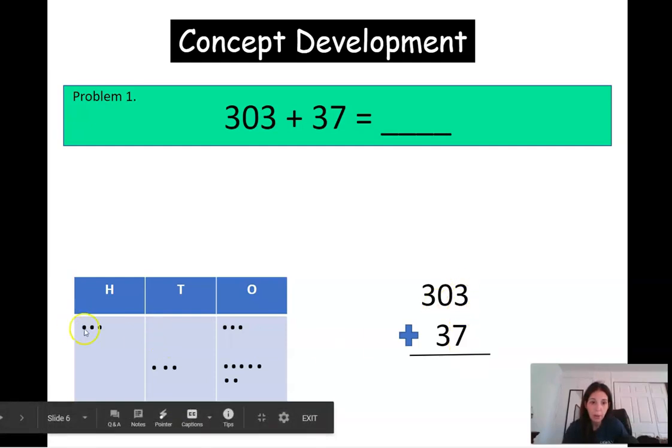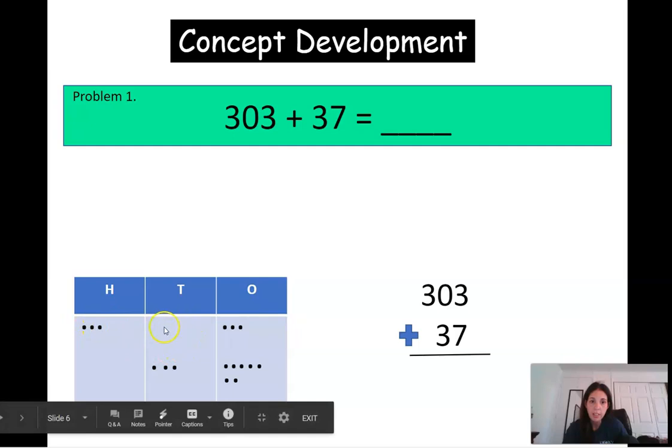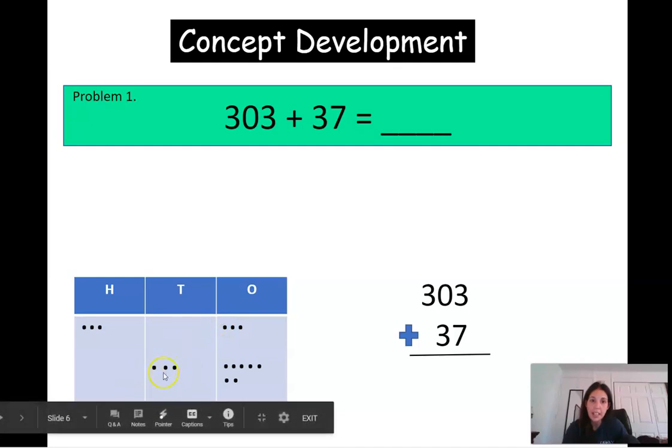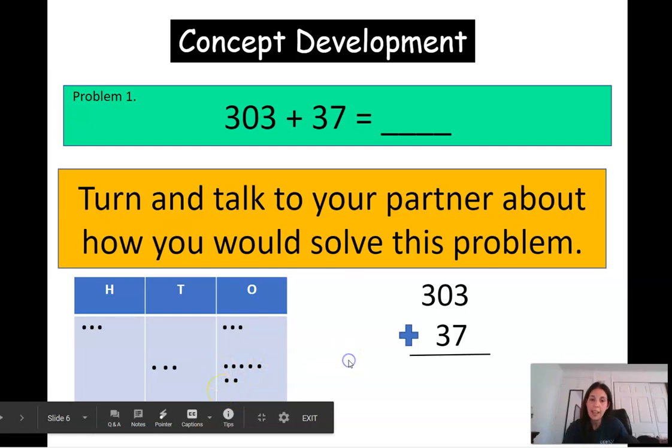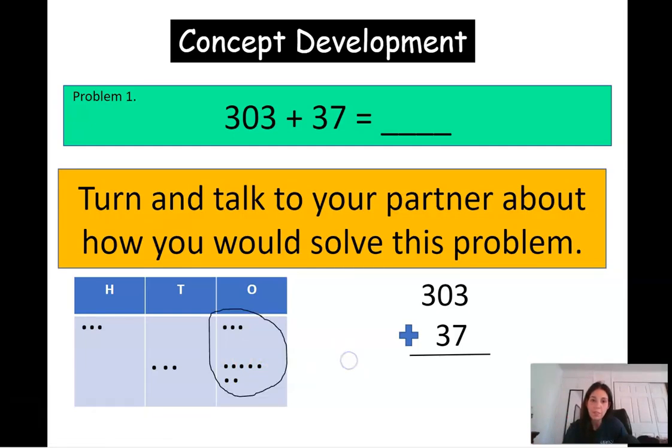So we wrote it, we're showing it in our hundreds, tens, and ones chart. We have 3 hundreds, 0 tens, and 3 ones. And then for our second number, we have 3 tens and 7 ones. Okay, now we're going to begin to combine these together.